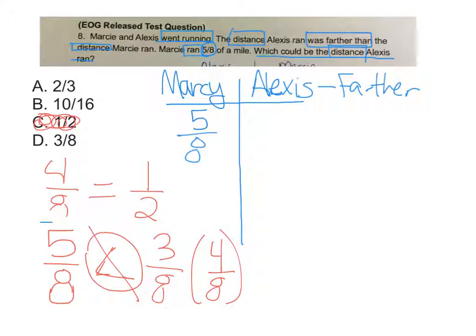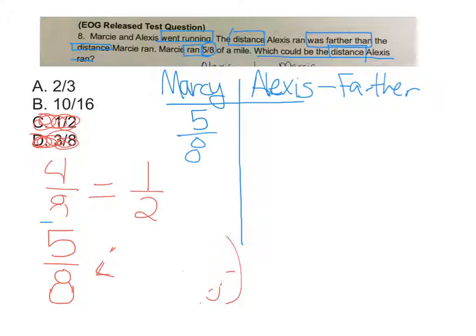So I'm going to eliminate answer choice D. The importance of eliminating answer choices is so critically important. I cannot stress it enough. So remember that we're looking for the fraction that is greater than 5/8, and we've eliminated 1/2 and we've eliminated 3/8.